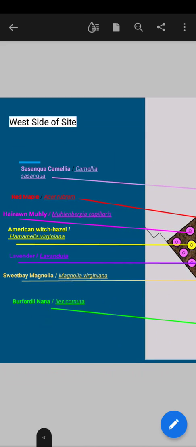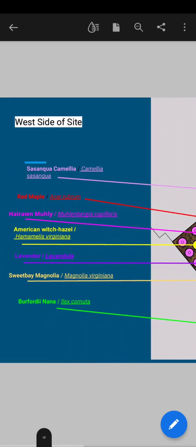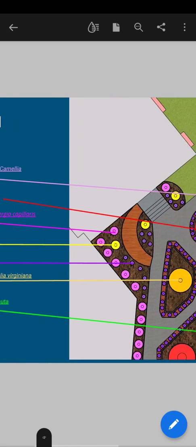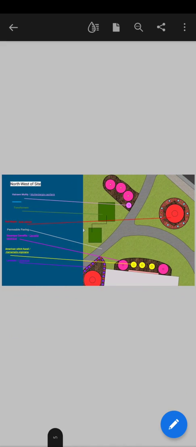This is my planting schedule, and this is informing us about the plants that I chose for this area. And this is that continued for the northwest area within the site.